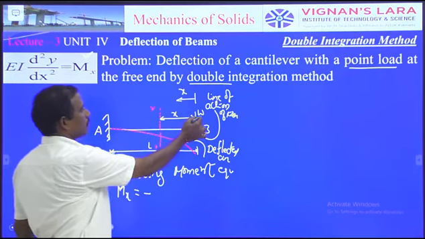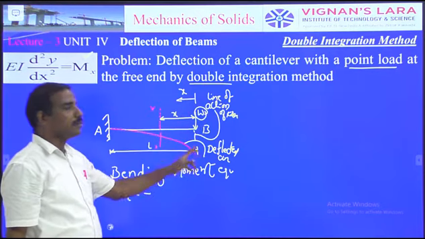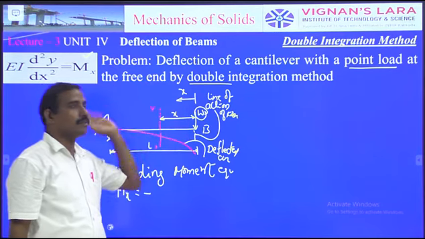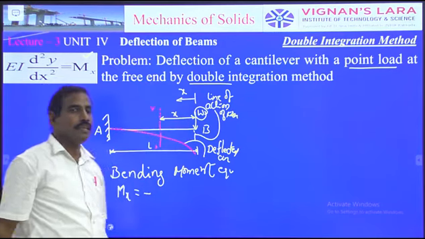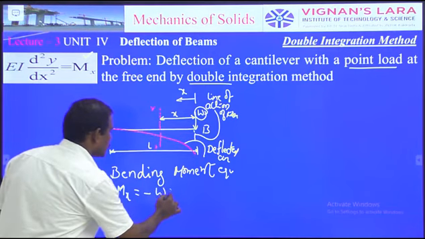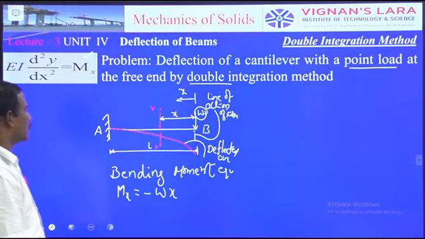We know the magnitude of the force W, and the perpendicular distance from the moment center is x. So the moment becomes W into x. This is the bending moment equation.